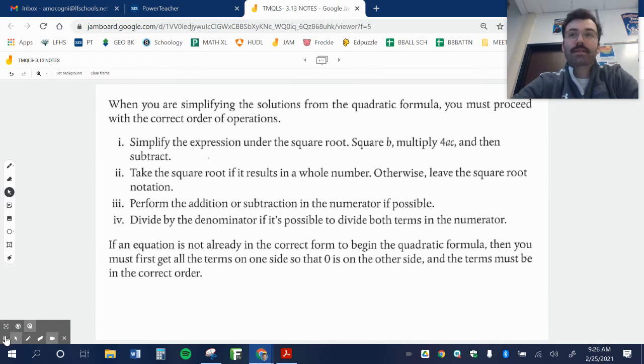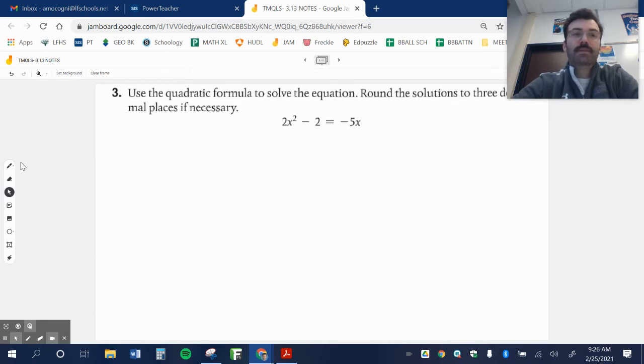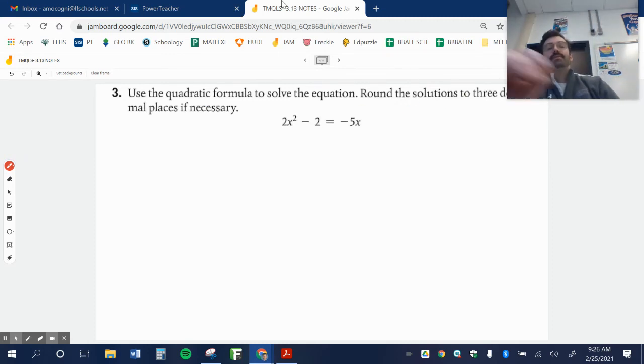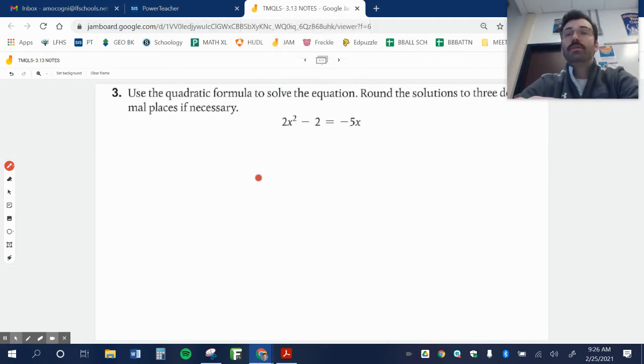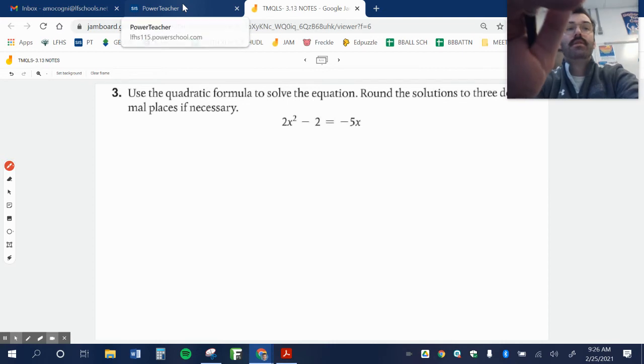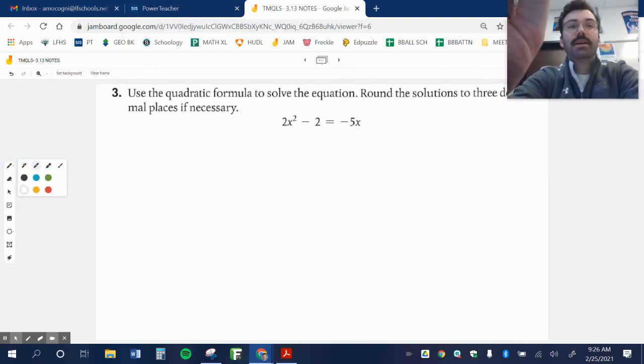All right, so this one, use the quadratic formula to solve the equation, rounding to 3 decimal places if necessary. Well, in order to use the quadratic formula, I needed 0 over here. My quadratic needs to be equal to 0. So for that to happen, I'm going to add 5 to both sides.